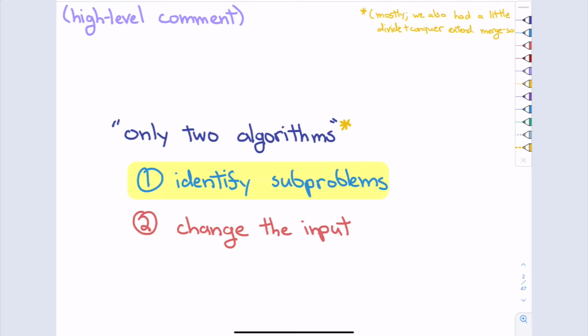And then there's this other issue of taking some of the nice algorithms we already have and figuring out how to use them in creative ways by changing the input. That also leads to surprising conclusions on the negative side, suggesting we can't solve some problems as well. But today's discussion will probably mostly fall in the first category of trying to identify subproblems and break problems down. Okay, but there will be some difference.